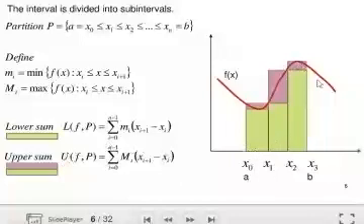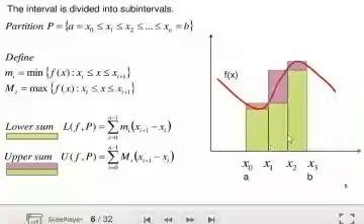Similarly, we can define the lower sum of f corresponding to P by finding the minimums. If you consider this subinterval, this is the minimum. Let's denote it by m sub 1, m sub 2. So the height of this one is m sub 1 times the width of this rectangle, m sub 1 times x sub 1 minus x sub 0, right?